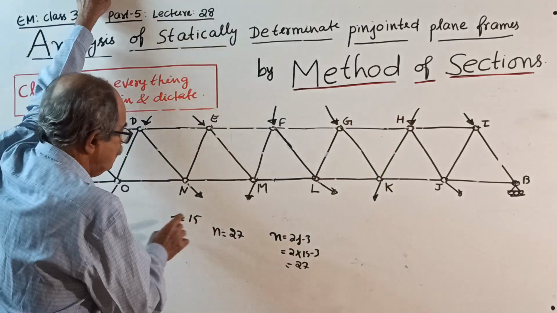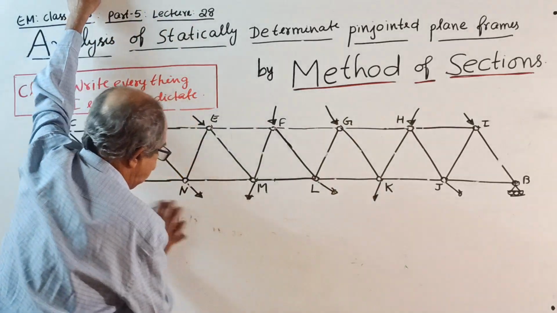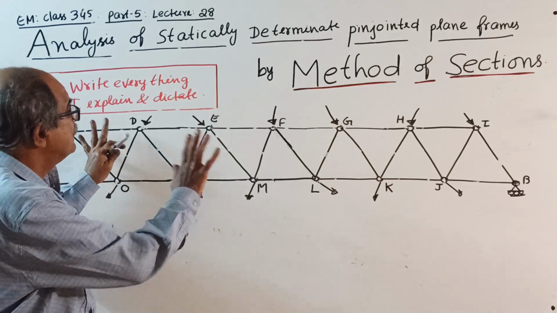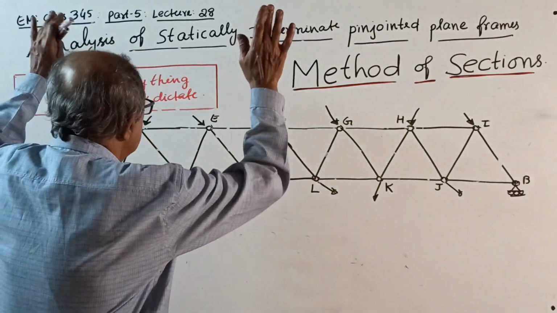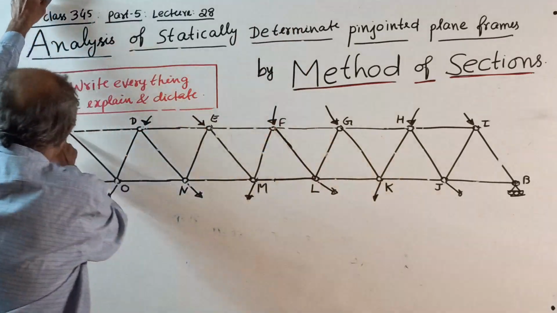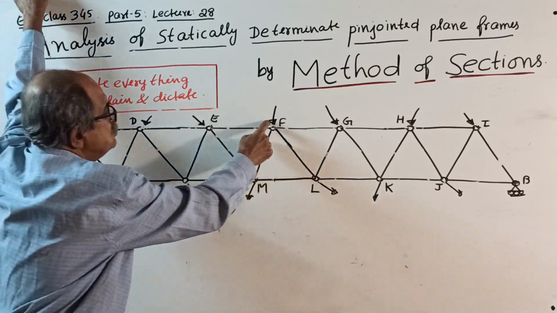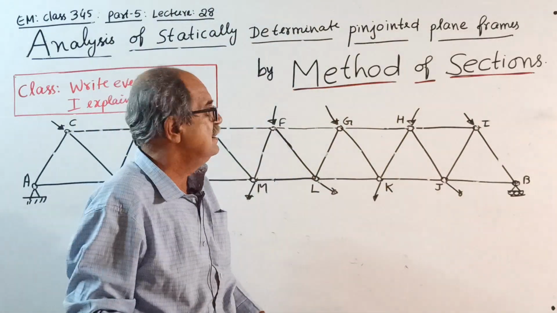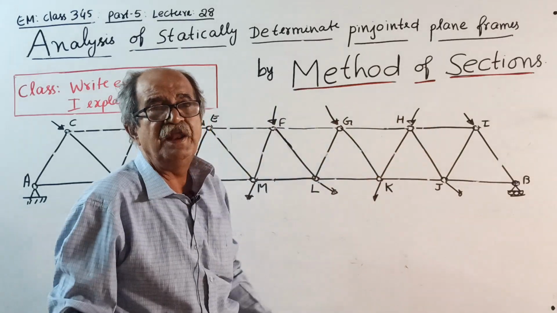Now you write this one. Make a note, I will dictate something now. To thoroughly understand, first write this sketch. Randomly I have shown the loads; it is not an inclined load. Loads may be there or may not be there. Sometimes the load can be vertical, in some places horizontal or inclined.